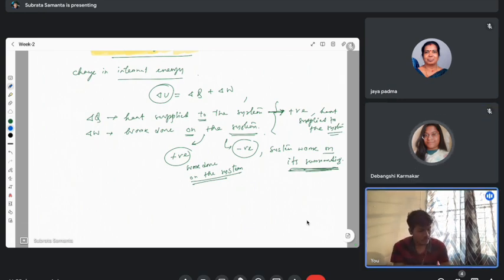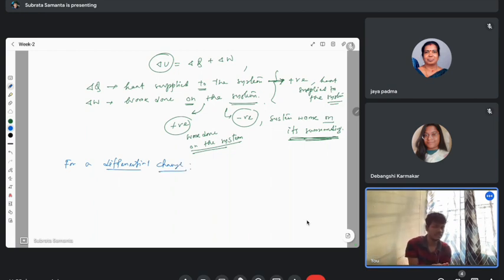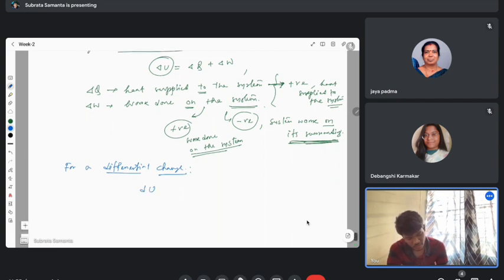Then for a small change, a differential change, meaning an infinitesimal change, dU is dq plus dw. Again, dU is a function of state, but dq is not a function of state, and dw is not a function of state.